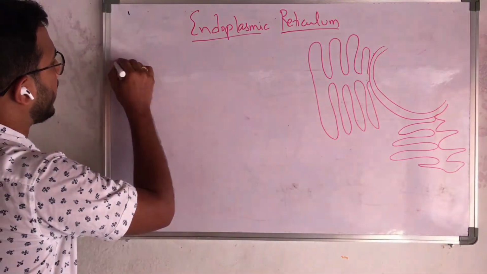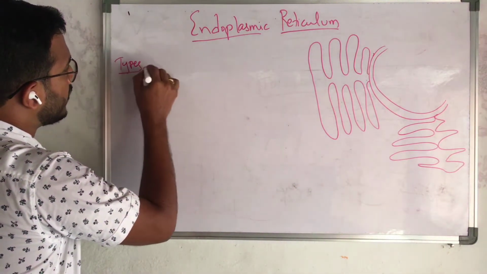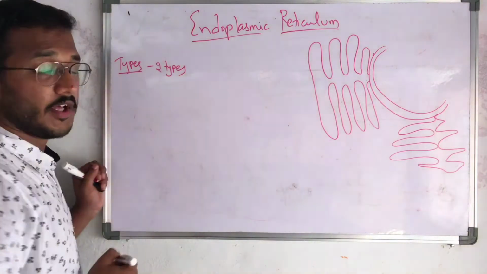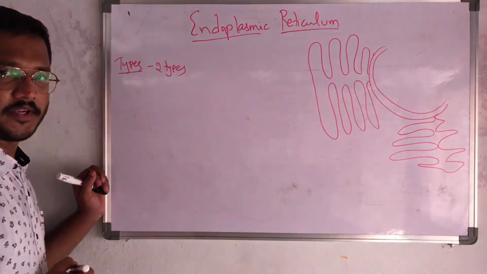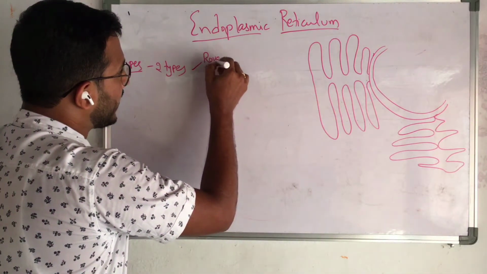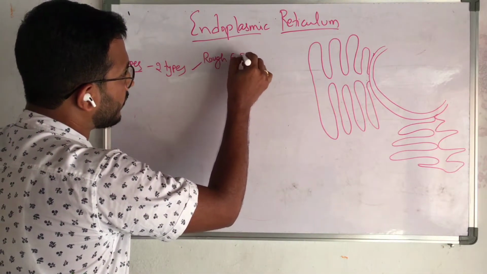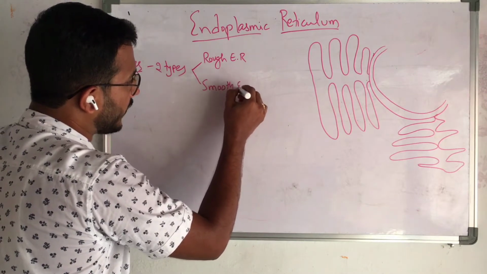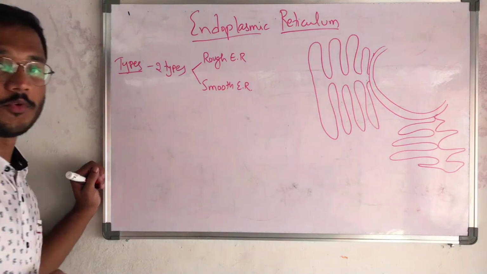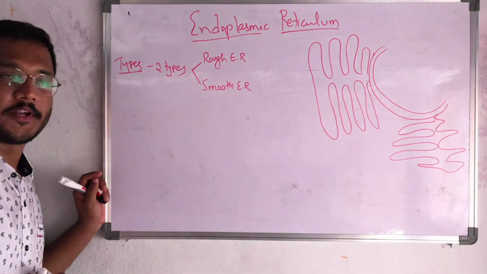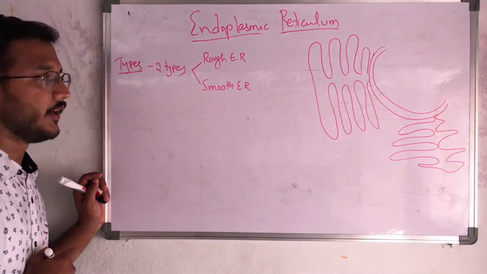Okay, now how many types of endoplasmic reticulum are there? There are two types. The first one is rough endoplasmic reticulum, and the second one is smooth endoplasmic reticulum. So you have to observe the difference between rough and smooth endoplasmic reticulum.